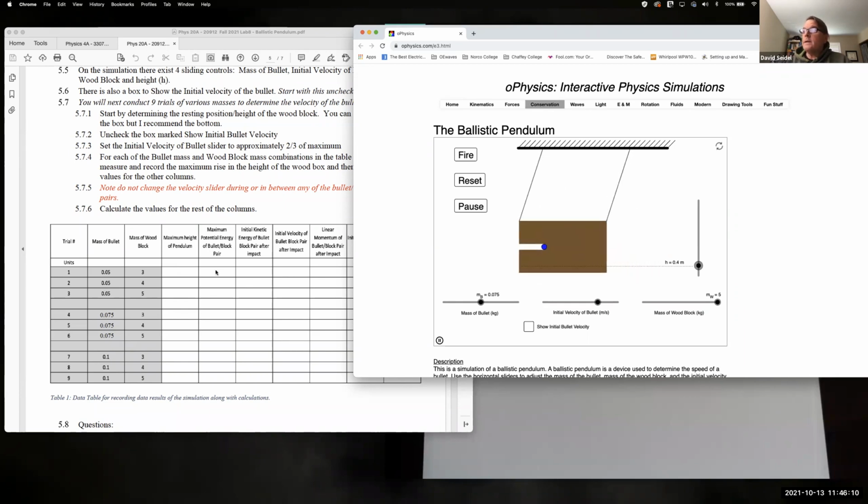You can now write what is the potential energy. You have a mass of the bullet plus mass of the block times g times h. Gives you that one here. This is just mgh. The initial kinetic energy, 1/2 mv squared, has to equal mgh. That's the initial kinetic energy of the bullet block pair after impact. If we have the maximum potential energy equals the initial kinetic energy.